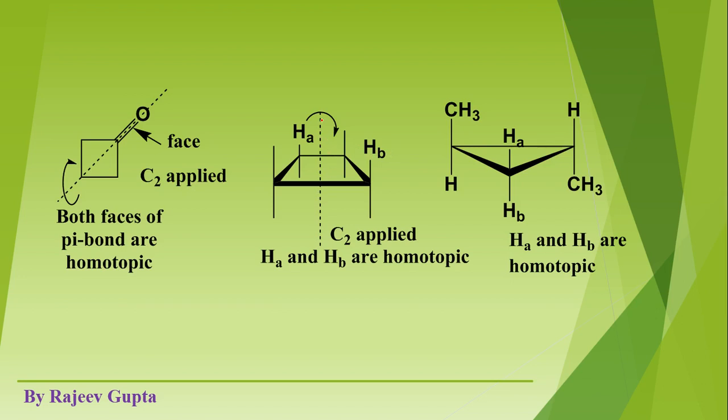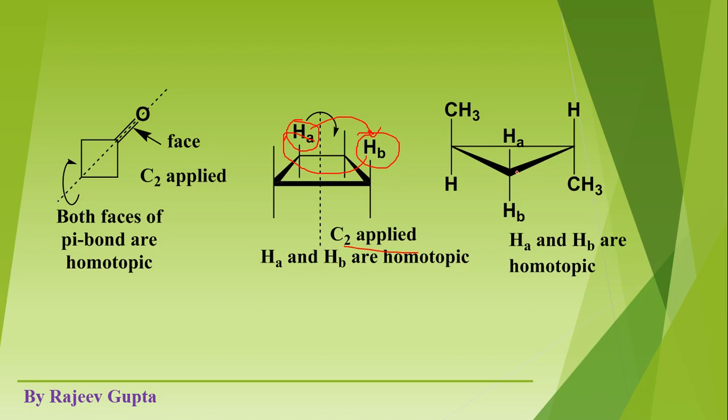This axis is perpendicular to the molecular plane, the cyclobutane ring plane. By rotation with a 180-degree angle, HA comes onto HB and HB goes to HA, and the molecule remains in an equivalent configuration with the first one. So C2 applied, and we say that HA and HB are homotopic.